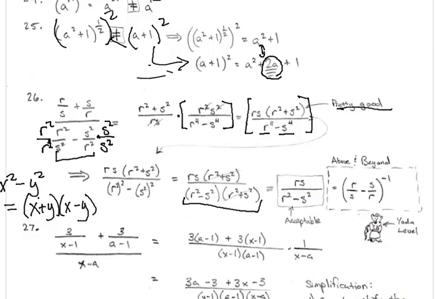So if I have r squared squared and s squared squared, then I would just raise each one of these to a power of 2, and it's the same idea. So you can factor that out again, and lo and behold, you have one of these on the top and one of these on the bottom, and therefore they cancel. So then you have rs over the quantity r squared minus s squared. And that's acceptable. That's very good.